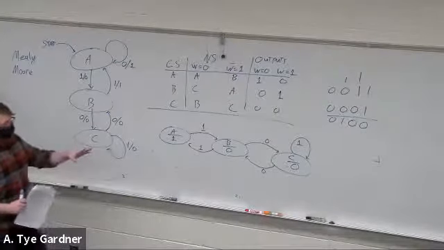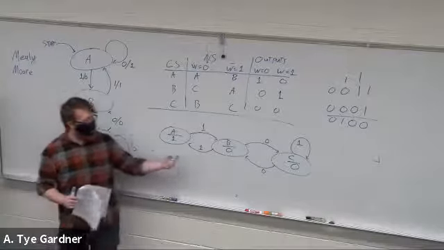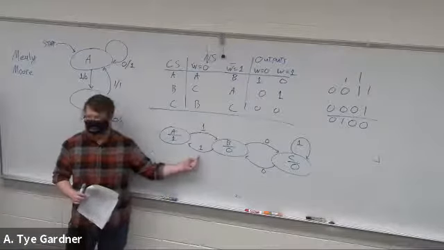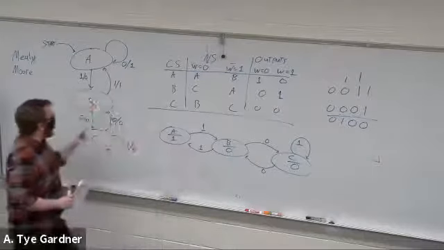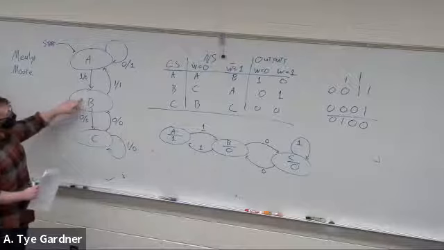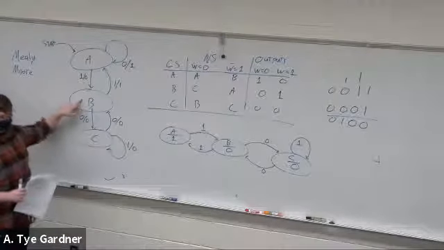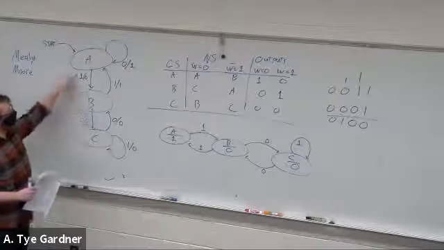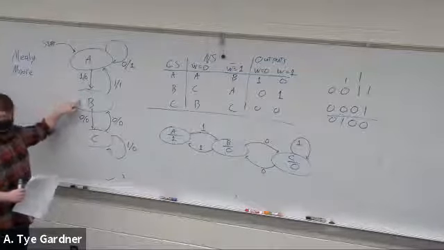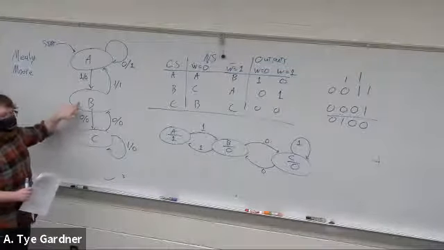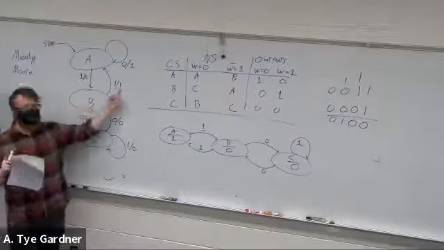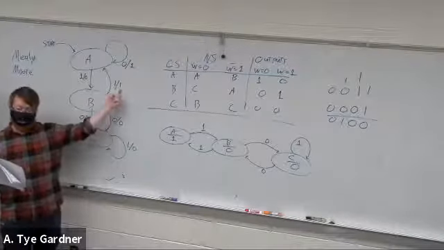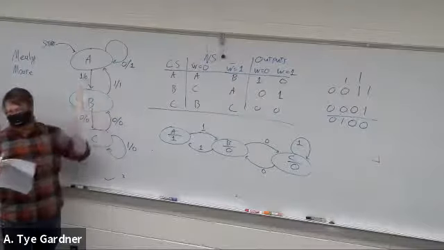It's okay. It's actually that the output can change at different times. So if I was in state B and my input were to change to a 1 and I go to B, while I'm in B, if the input is a 1, the output could actually instantaneously change to 1, but it couldn't update state till the clock happens.